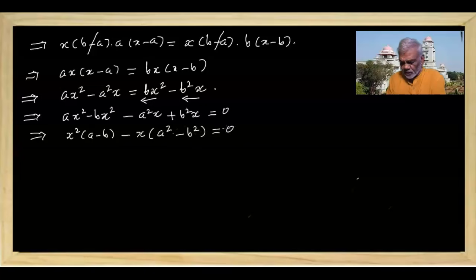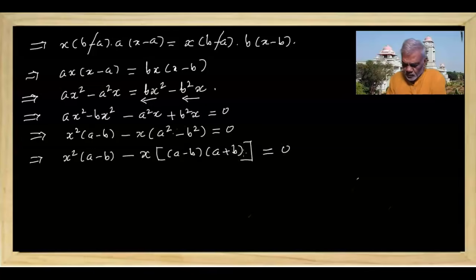And now we can write down x square into (a minus b) minus x into (a minus b) into (a plus b) is equal to 0. So here a minus b is there, here a minus b is there.